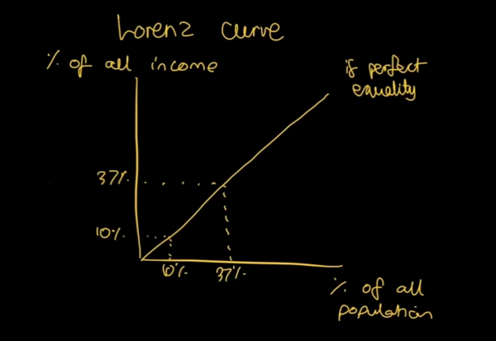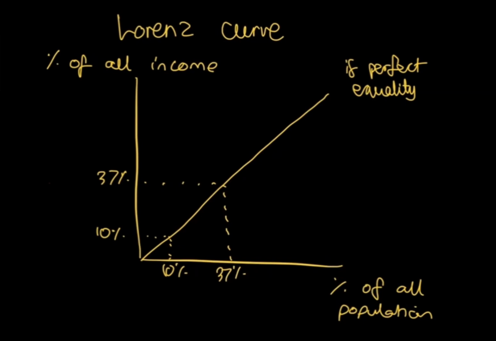Does that make sense? Let's say there's a country with 100 people, and the GDP of the country was £100. So if each person earned £1, this would make sense, right? Yeah. Cool. So that's the line of perfect equality.